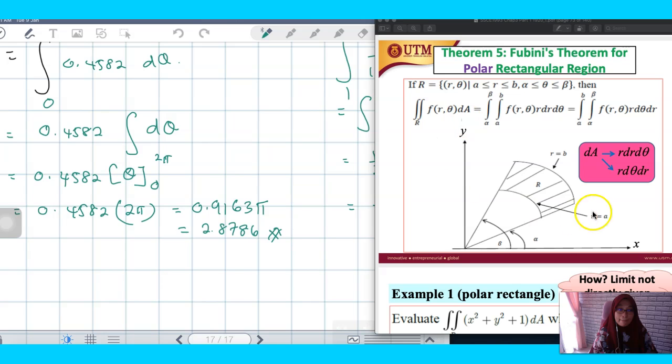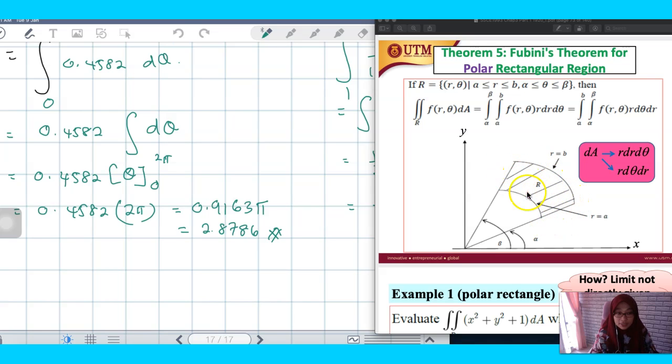If you look at the slide here, before example 1, just like Cartesian, there are 2 types of region. For Cartesian, we have rectangle and non-rectangle, right? For polar, we also have a rectangle. Polar rectangle means your region is part of the circle centered at the origin and bounded by theta equal to a constant.